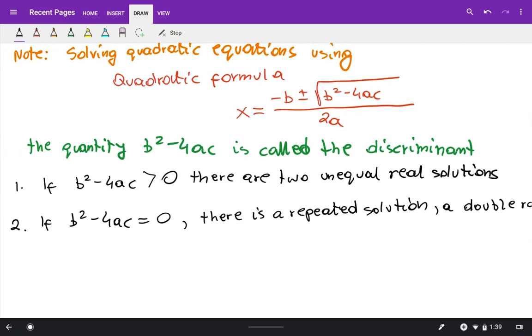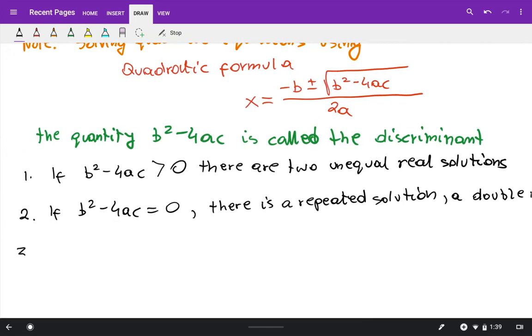Okay? And third, if the discriminant b squared minus 4ac is less than 0, let's say negative 4, there is no real solution.